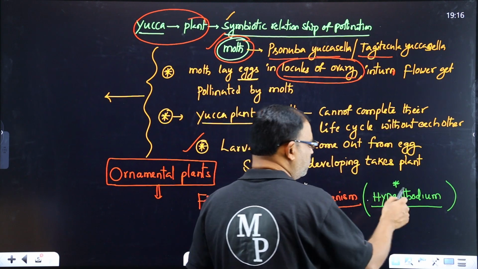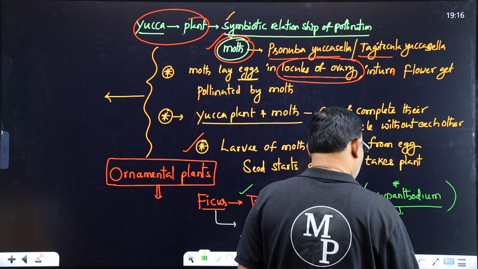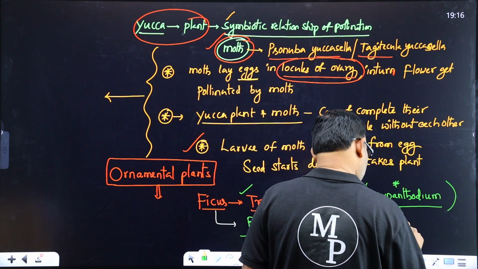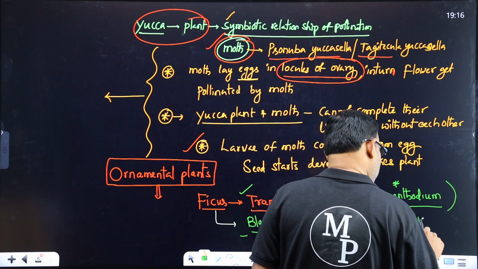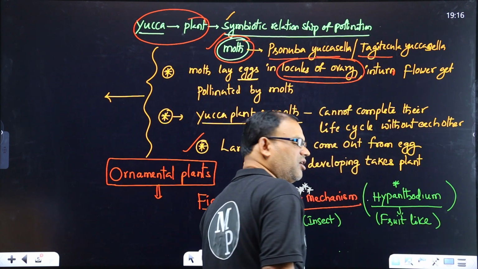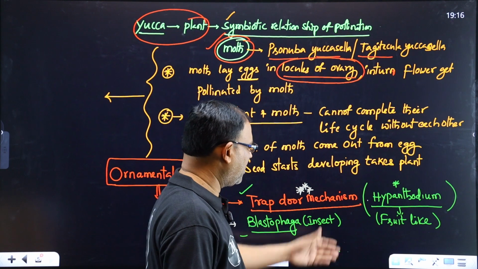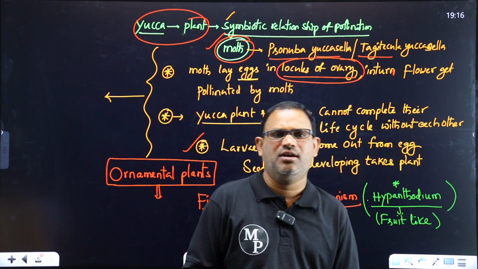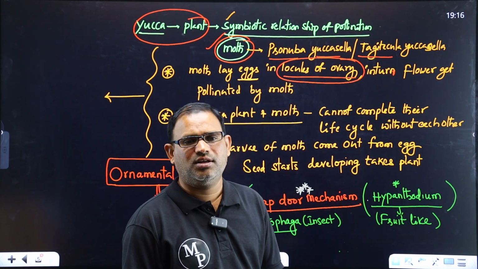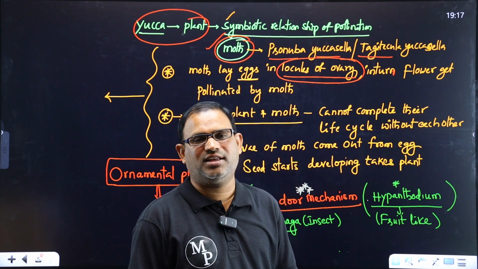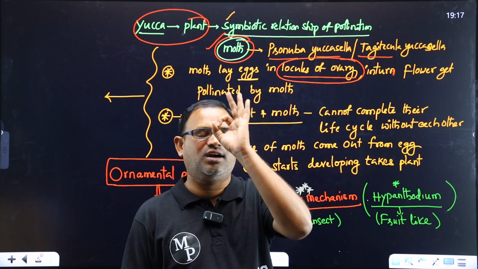The hypanthodium inflorescence is a fruit-like inflorescence. There are three types of flowers in it: male flowers, female flowers, and female sterile flowers, which are called gall flowers. Blastophaga lays eggs in the gall flowers.